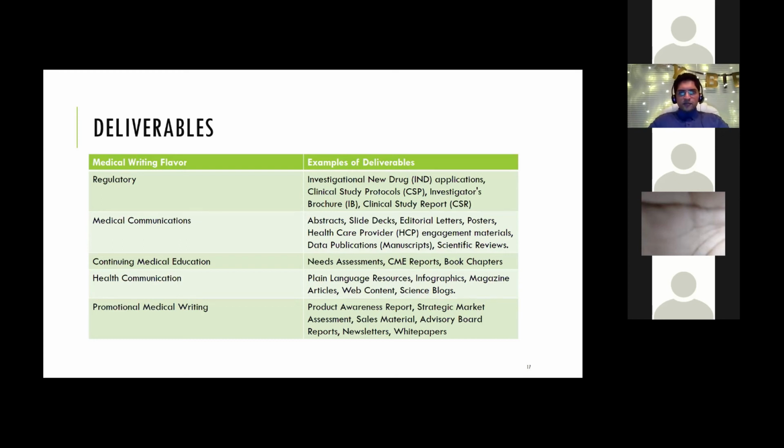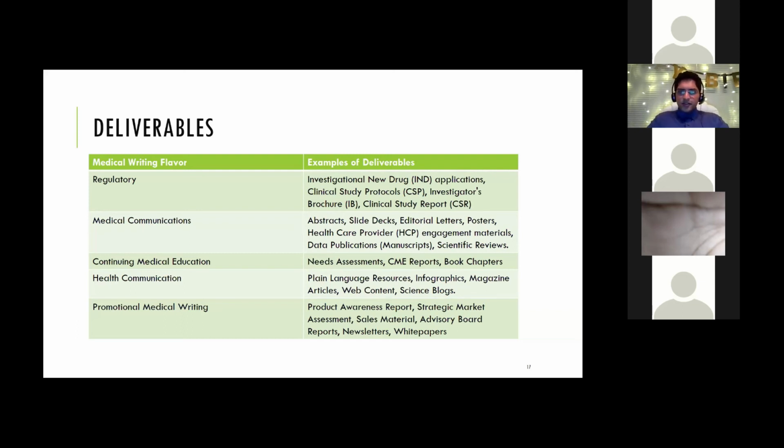So to briefly go through the content on this slide, in terms of regulatory, these documents, as I had mentioned earlier, are for an FDA audience or an EMA audience. Excuse me, EMA is the European Medicines Agency. So INDs, investigational new drug applications, IBs, investigator brochures, CSRs, clinical study reports.